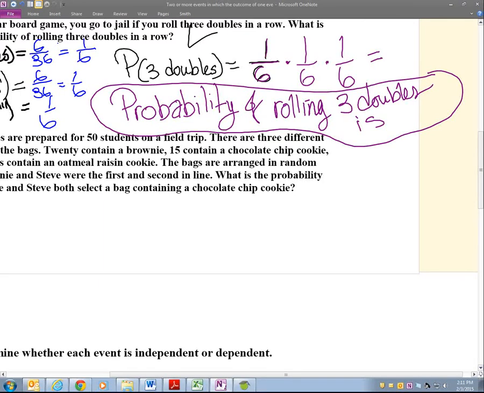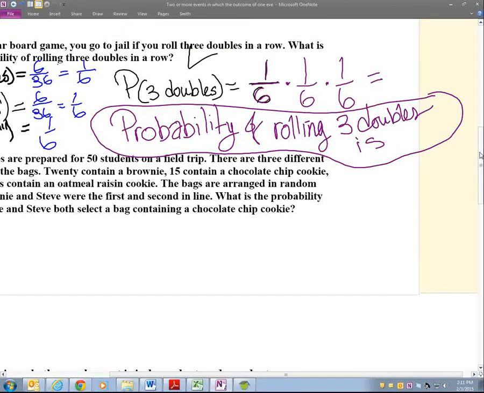The more you know. What is 1/6 times 1/6 times 1/6? How do I do this, Jace? So you just multiply straight across, you're saying? 6 times 6 is 36 times 6, which is equal to what? 216.